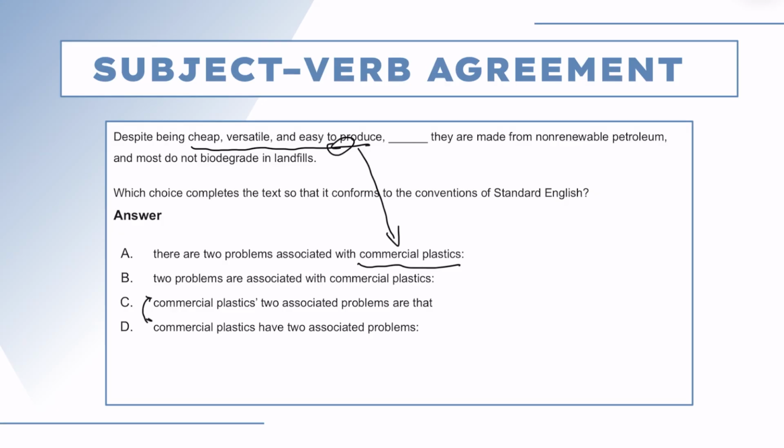And out of these two, the main thing to look at is plastics and plastics'. You see how there's an apostrophe? But in this specific question, an apostrophe is not needed. So that's why commercial plastics, plural, have two associated problems is going to be the right answer for this question.